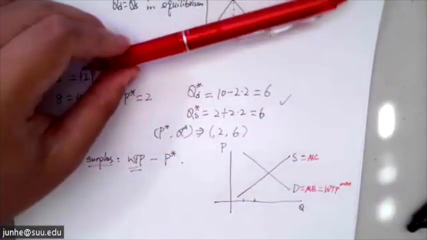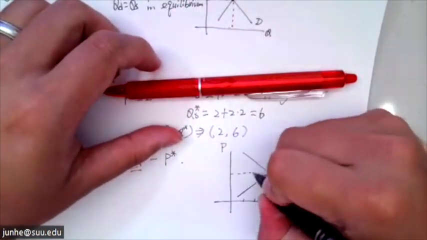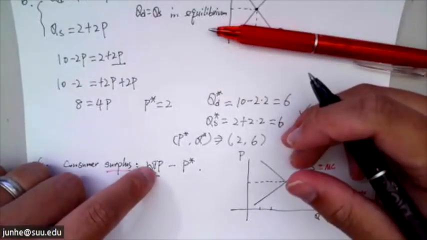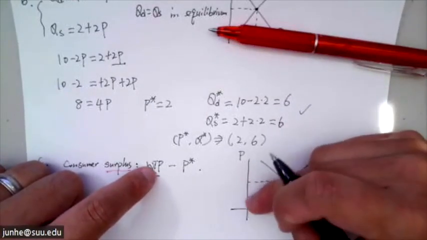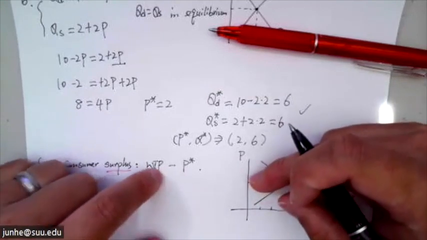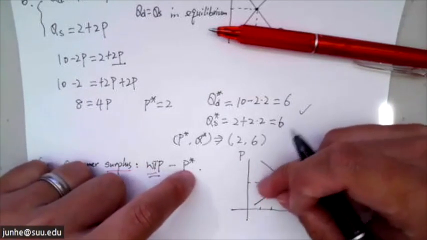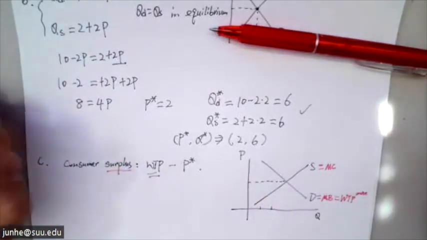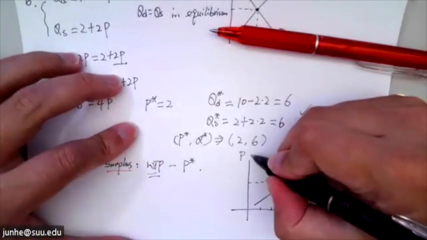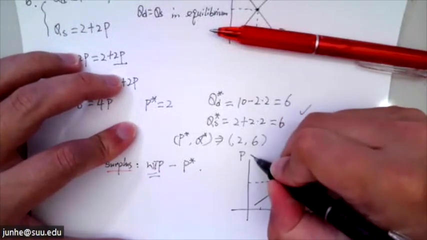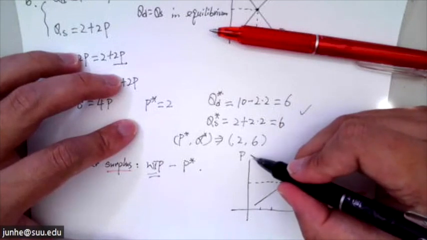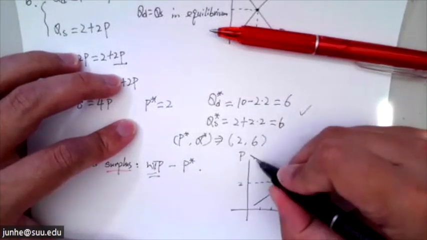So here then, consumer surplus is the difference between the willingness to pay for each pen over the price of each pen. But here the price is a fair universal market price. So when you are somewhere here, you think, oh, you would like to pay 20 for this pen, but this pen only costs $2.